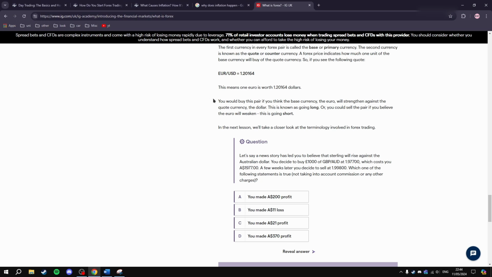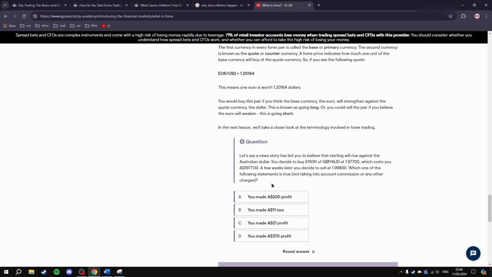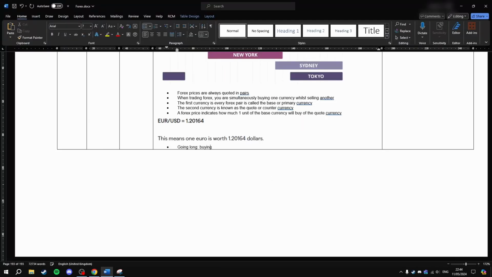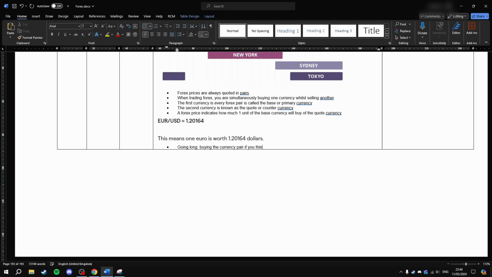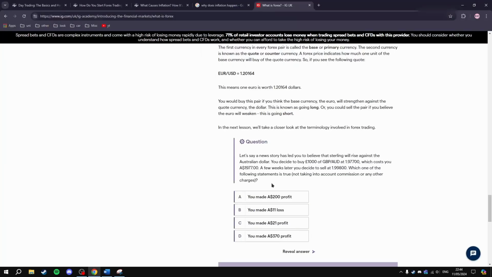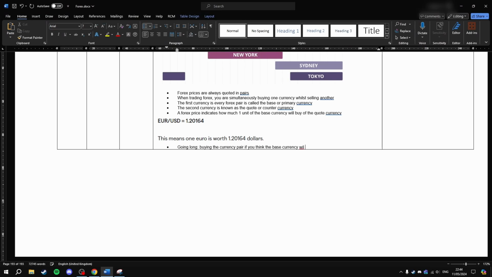You would buy this pair if you think the base currency, the euro, will strengthen against the quote currency, the dollar. Going long. So this is buying the currency pair if you think the base currency will strengthen against the quote currency.